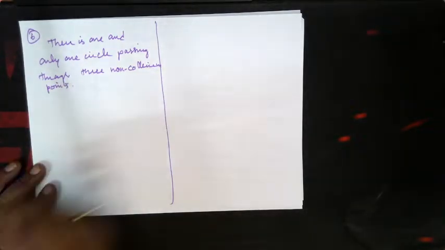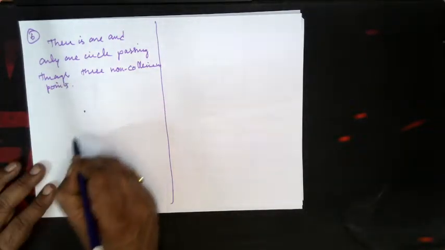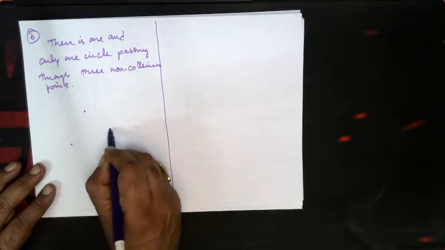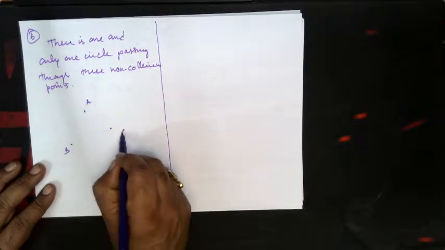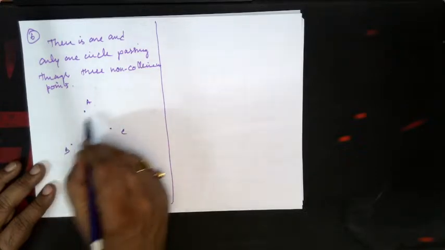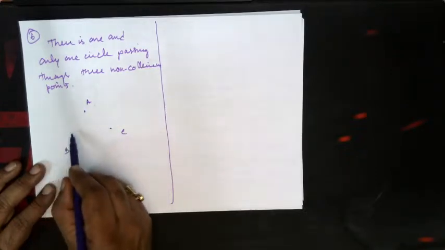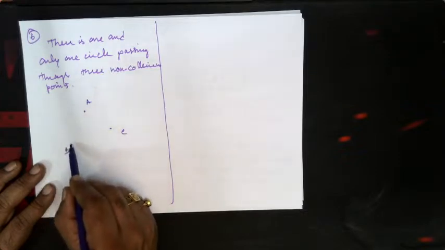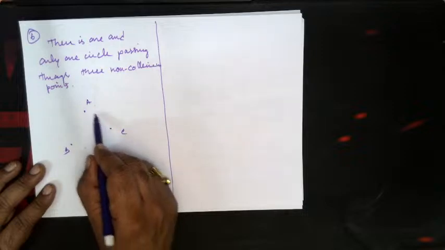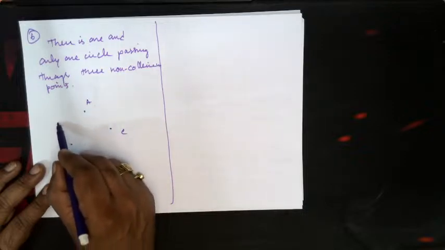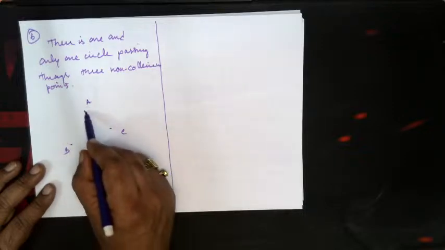For example, let me have A, B, C. These are called non-collinear points. So based on this, we can draw only one circle. You can connect all these three points so that it will form a circle like this.